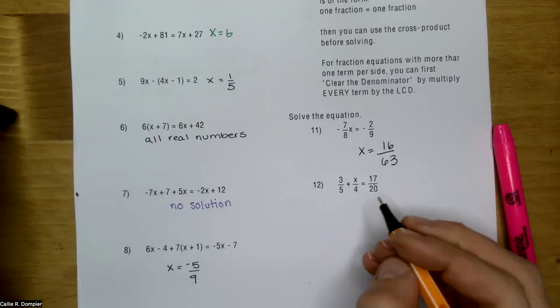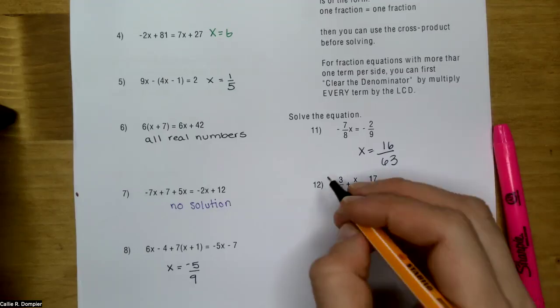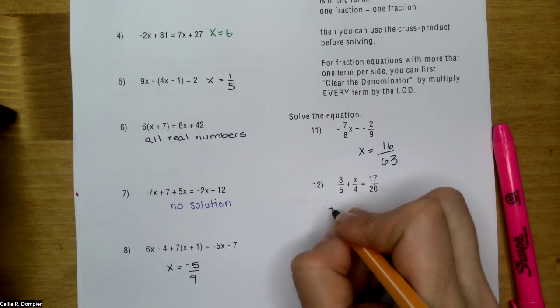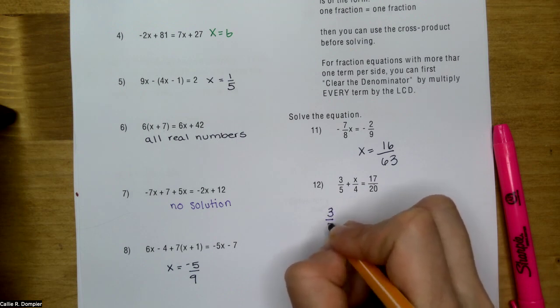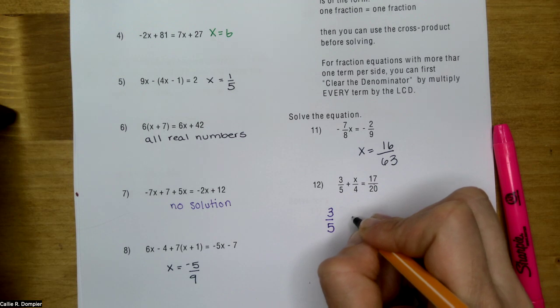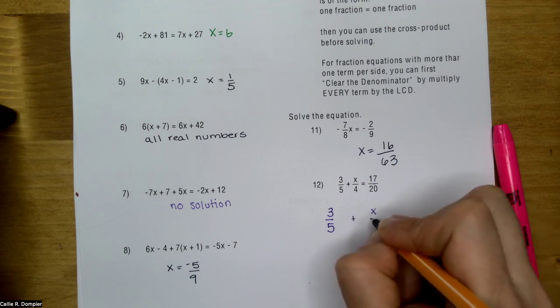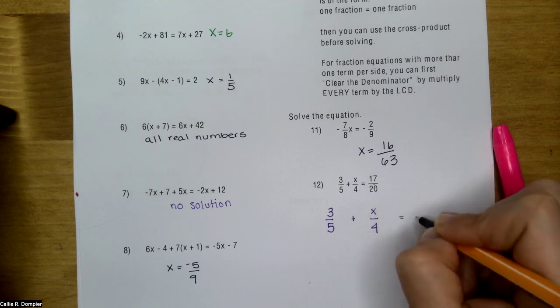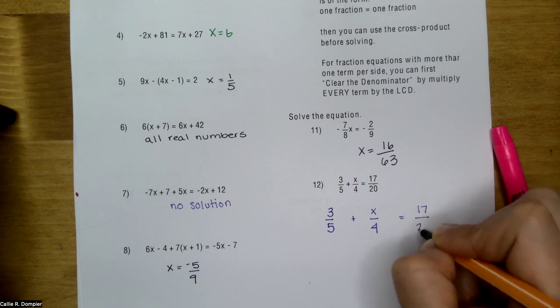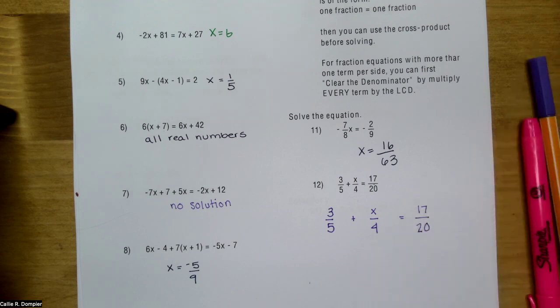Right? Can I make all of those equal to something over 20? 3 divided by 5 plus x divided by 4 equals 17 divided by 20. I want them all to be over 20 instead of over 5 and 4 and 20.